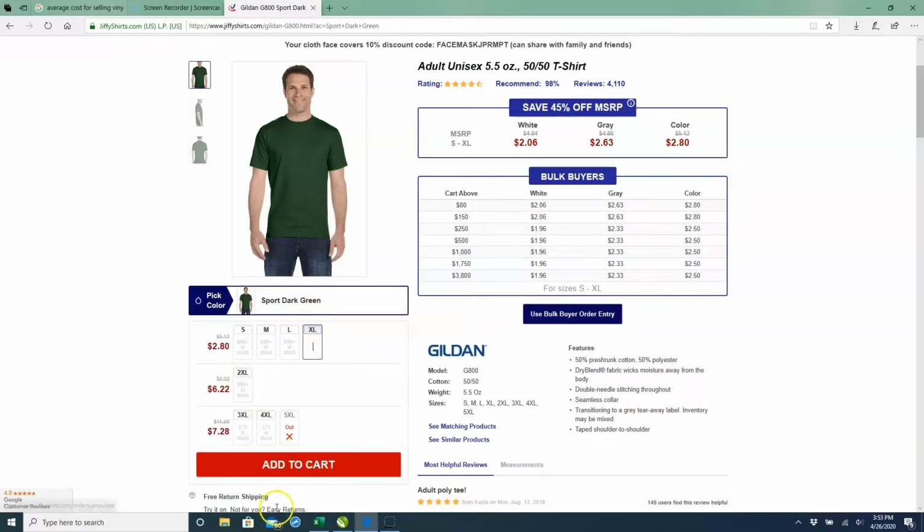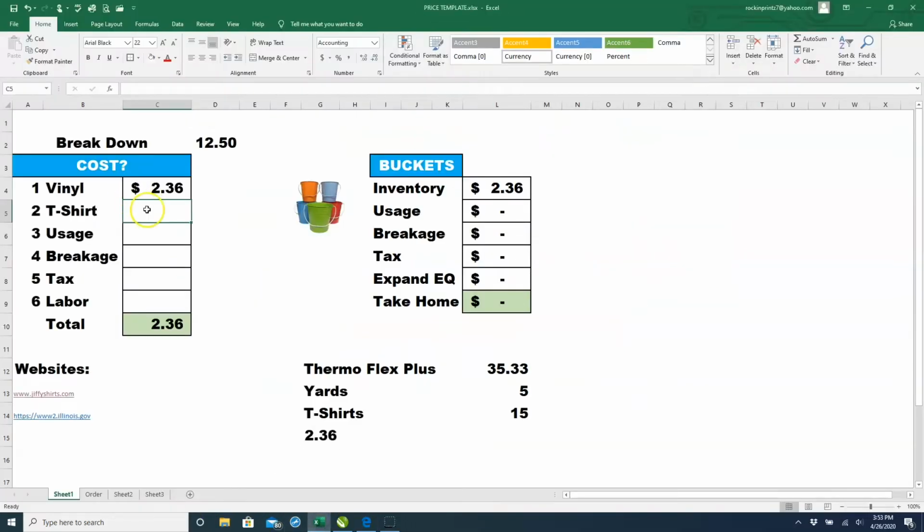So let's go back to our spreadsheet, and we want to type in $2.80.